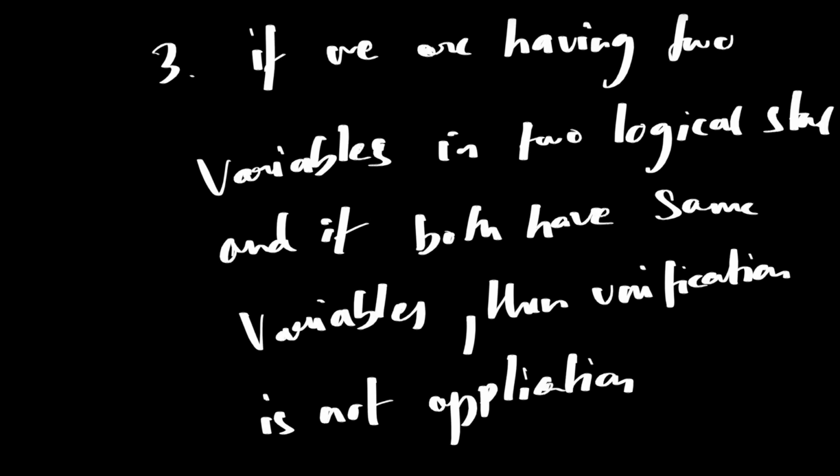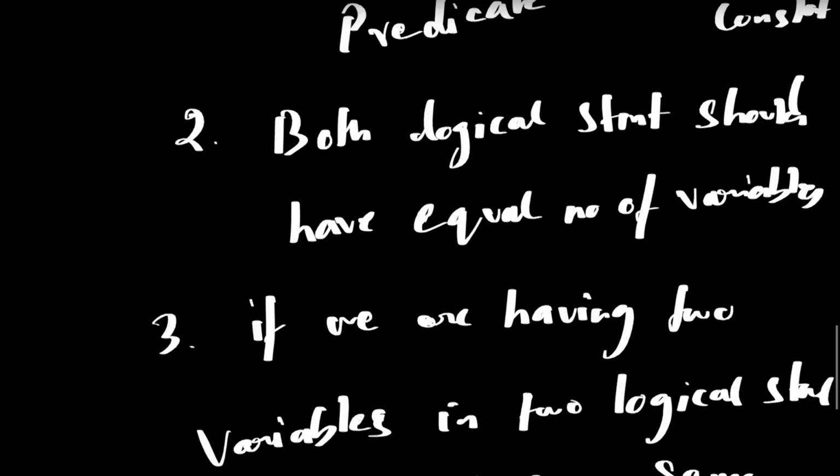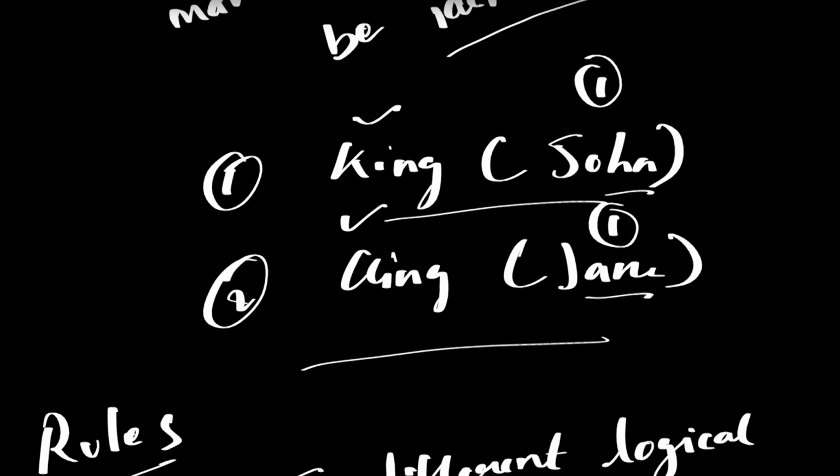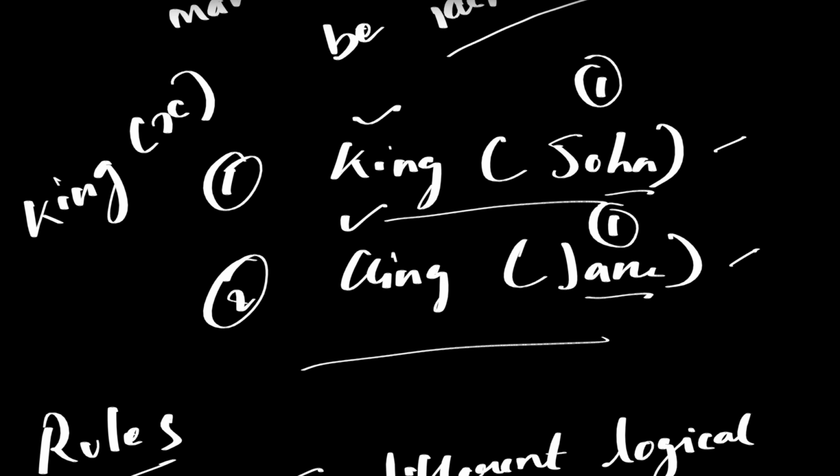But we can rearrange the variables, or replace some variables in one logical statement, and go for the unification process. We can go with the example I've given over here. King of John, King of Jane. How can we write this? We can write this as King of X. This is one logical statement, and this is another. Both have the same predicate, King.